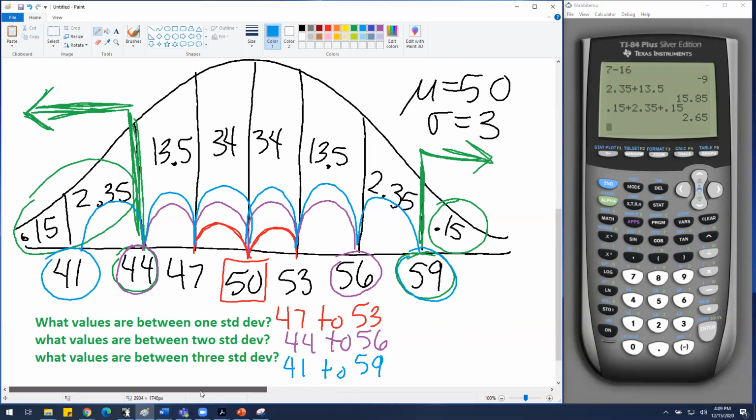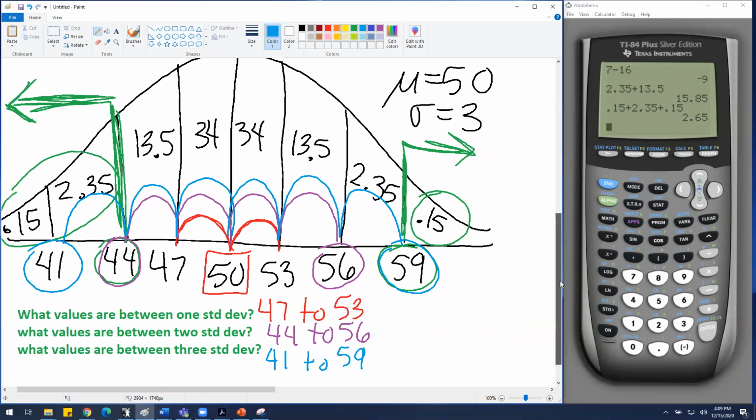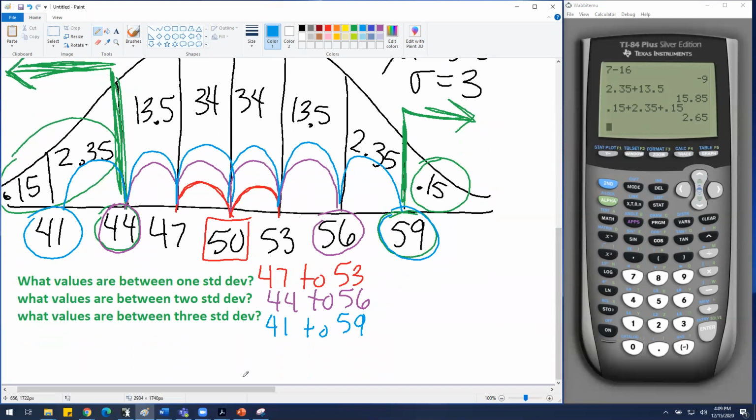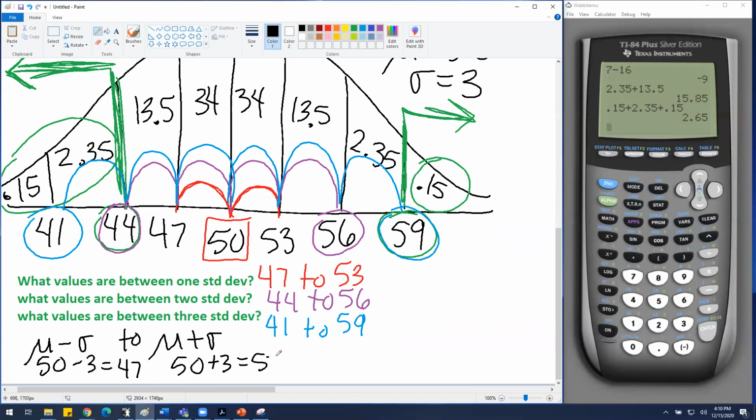You don't have to use the table to answer this question. You can also use the formula. So to answer 1 standard deviation, you take the mean minus a standard deviation to the mean plus 1 standard deviation. That was 50 minus 3, which is 47. 50 plus 3, 53.